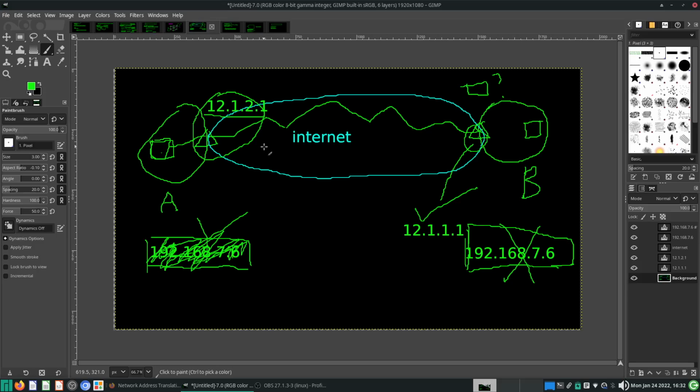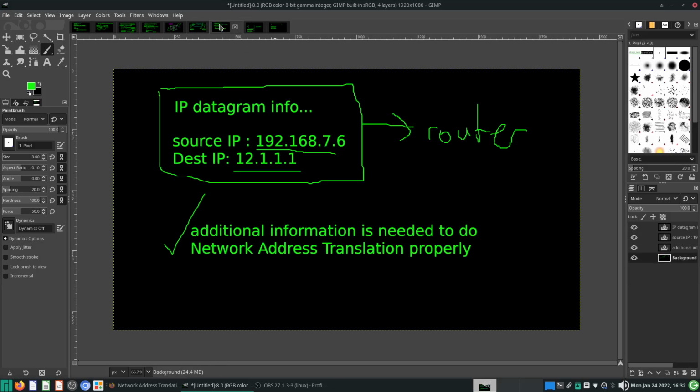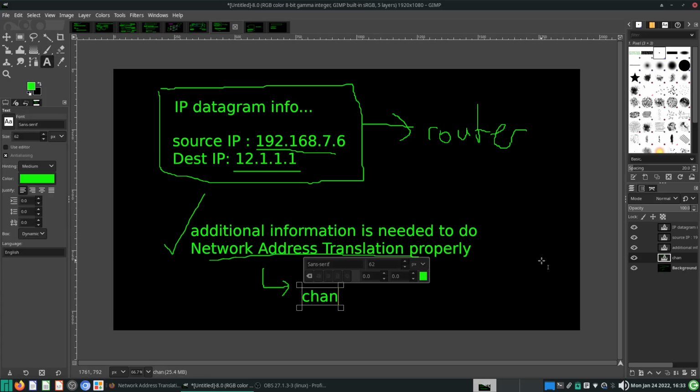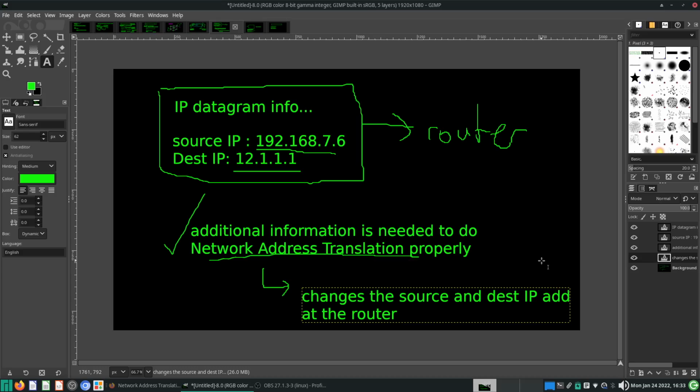So let me clarify one more time. Network address translation is the bit where we actually change the source and destination IP address at the router. It's not equivalent, but changing the source and destination IP at the router is definitely part of the network address translation process.